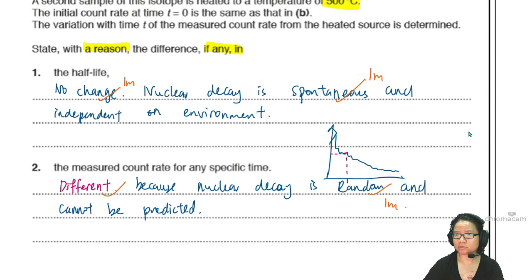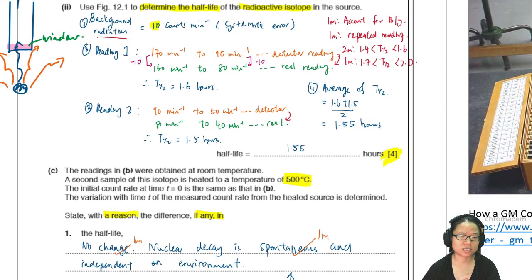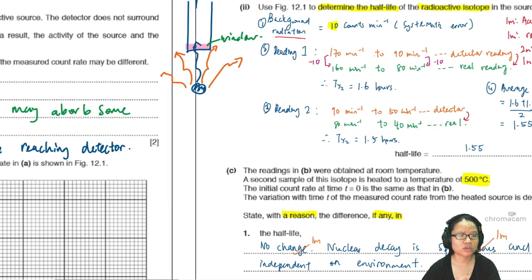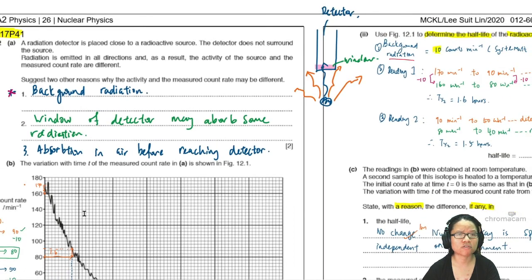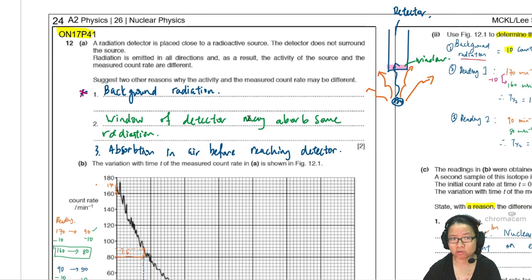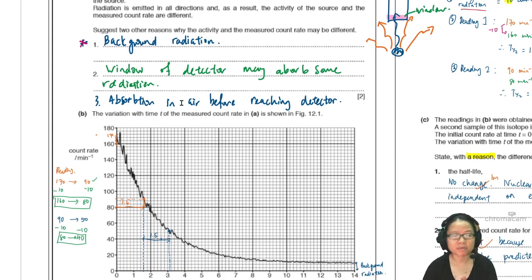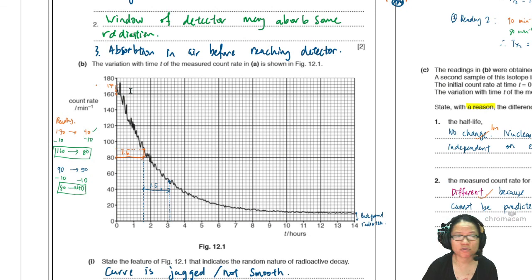Okay, so this is a pretty straightforward question. Basically, the entire question is asking you whether you understand the nature of detection of radioactive particles. For example, how the detection could be faulty due to various errors, like background radiation, and maybe there's some absorption due to the materials around the experiment. Okay, maybe air, maybe the window of the detector. From the zigzaggy graph, we can see that this thing is random.